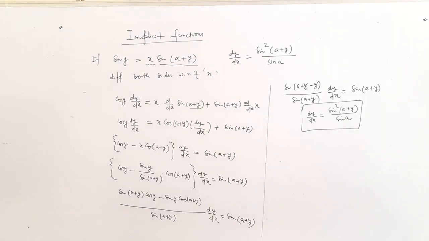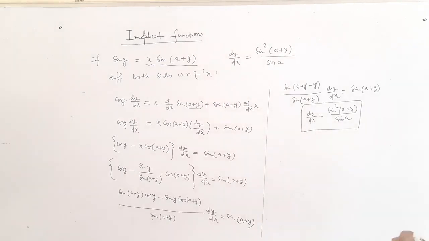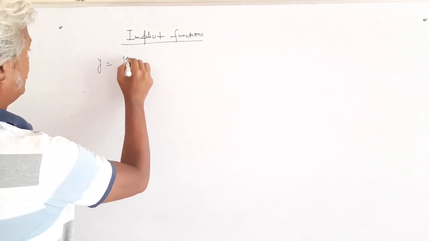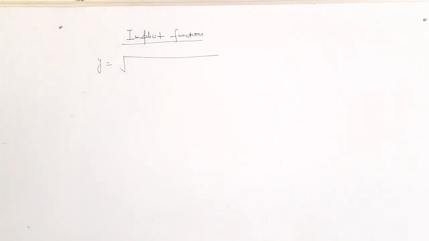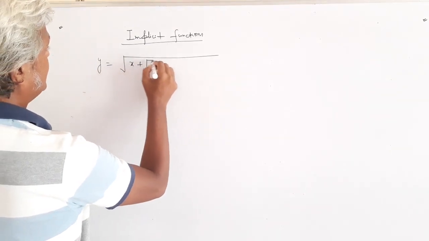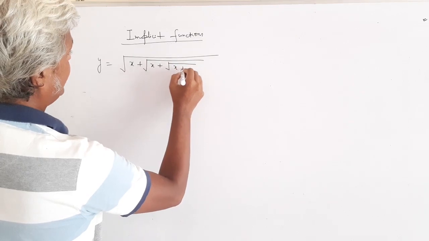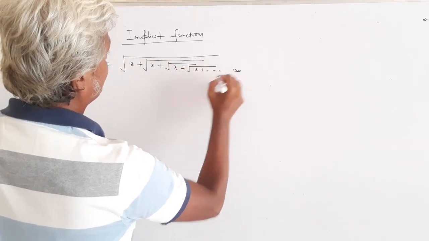So now just let me clear the screen and then I'll take one more better example. Okay, now this time we have an equation of this specific order which goes like y equals under root x plus under root x plus under root x plus dot dot dot till infinity.